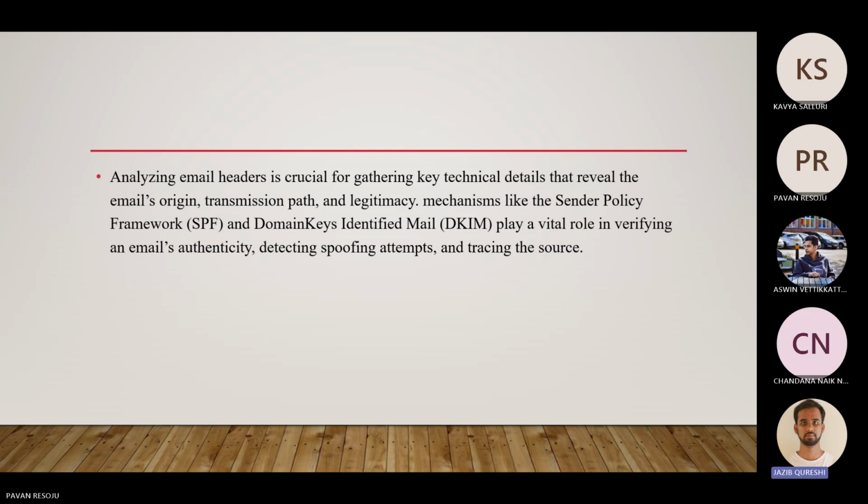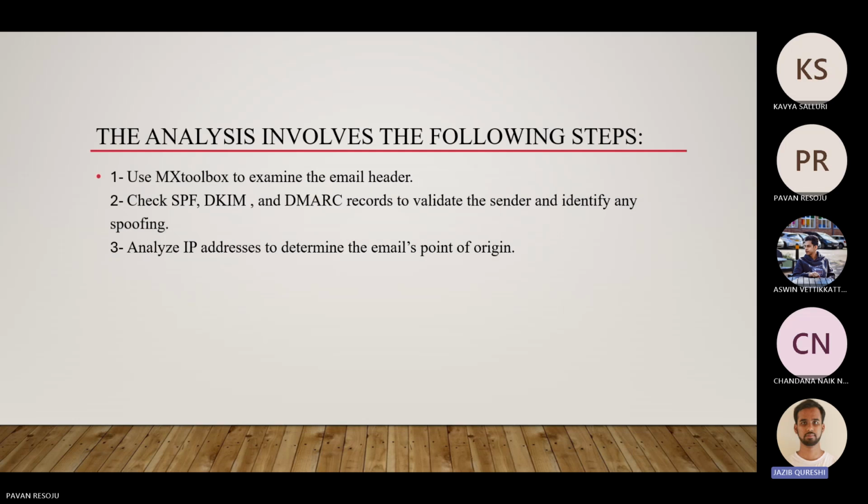We used some tools, which we will see on the next slide: MX Toolbox to examine the email header, and SPF, DKIM, and DMARC records to validate the sender and identify any spoofing, and to analyze email addresses to determine the email's point of origin.